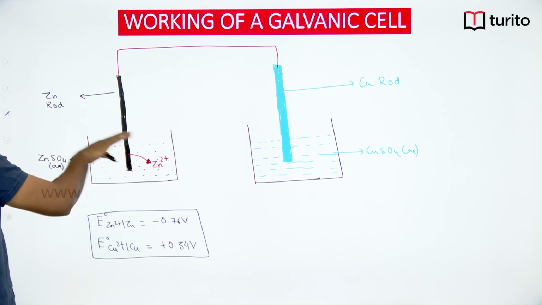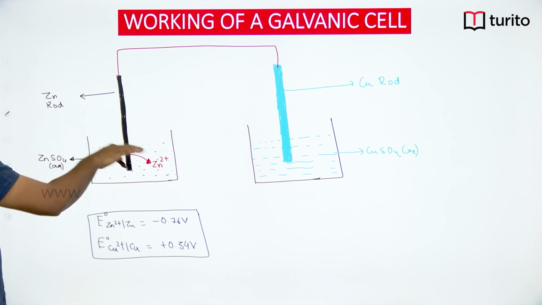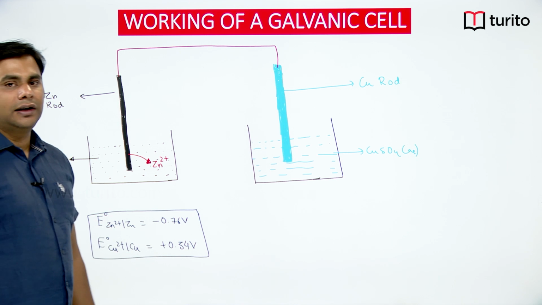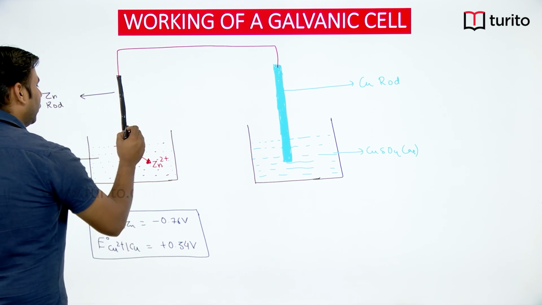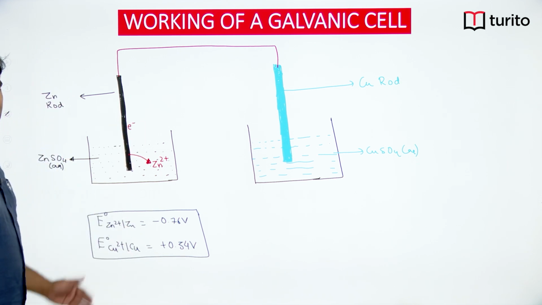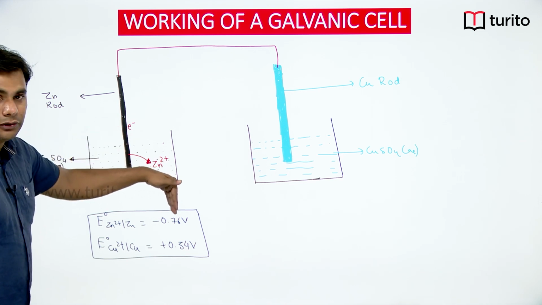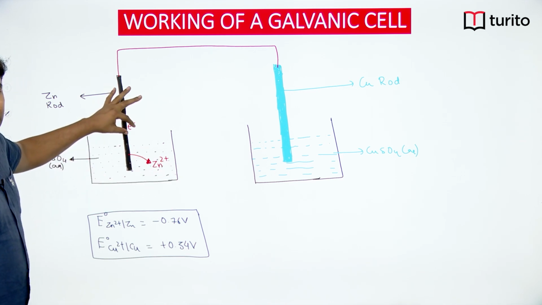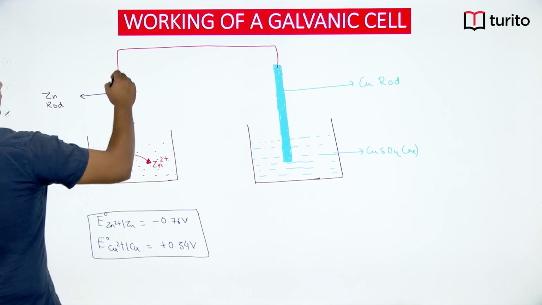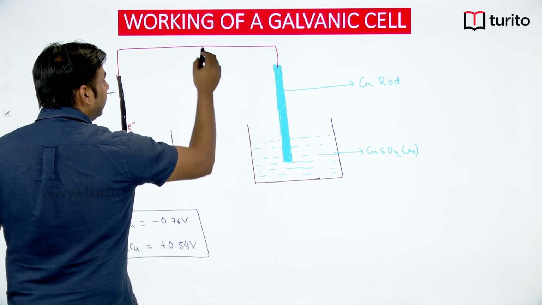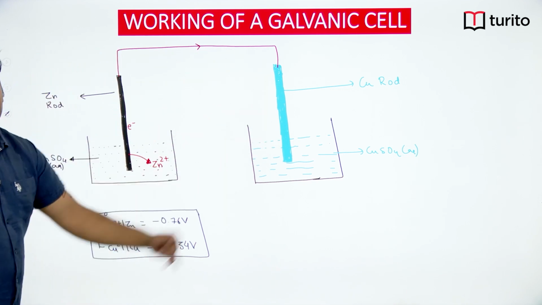Zinc is getting oxidized, it will change into zinc 2 plus ion, and the electron will remain on the rod. So zinc 2 plus goes into the solution, the electron remains on the rod. Now this electron can move through this conducting wire into the other half of the cell.